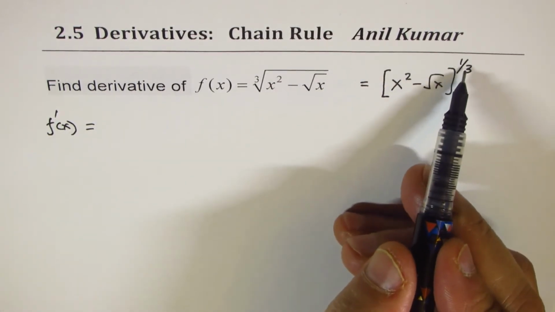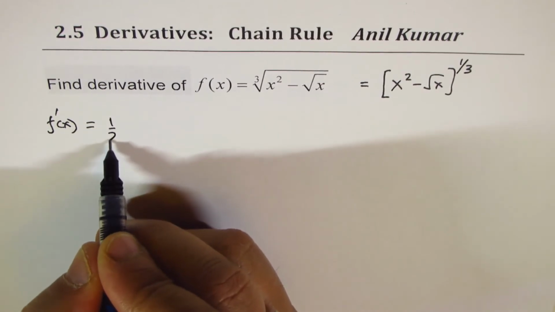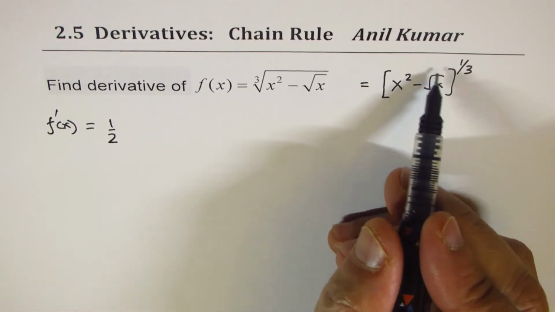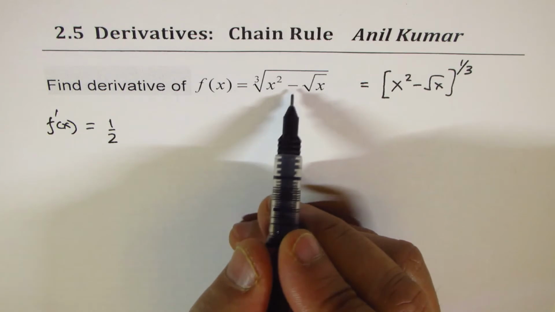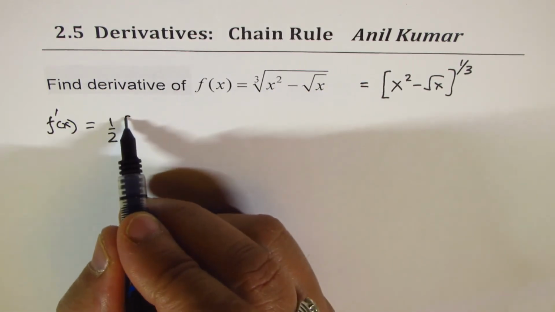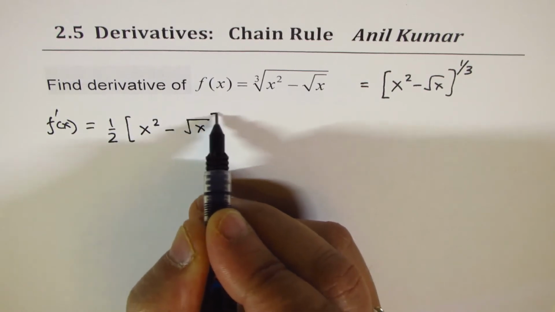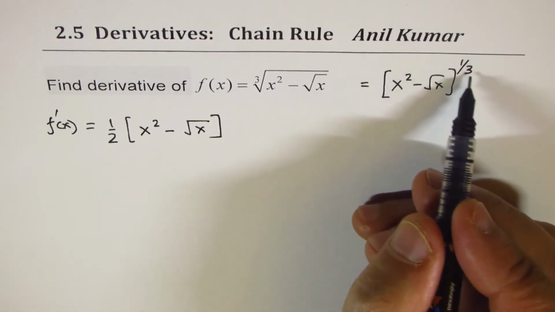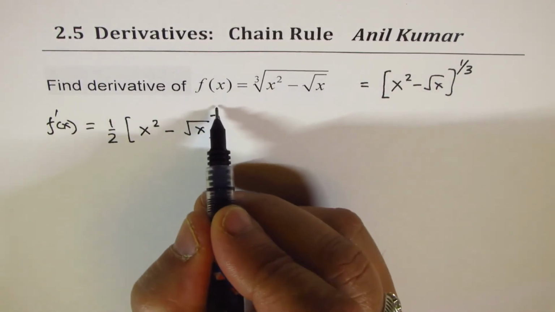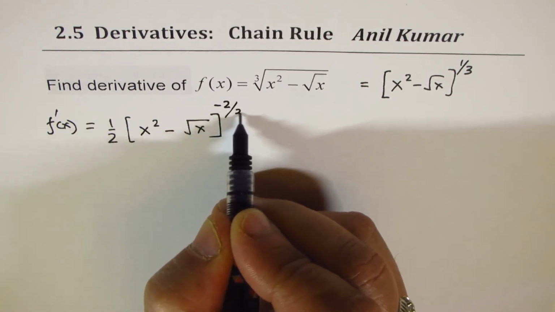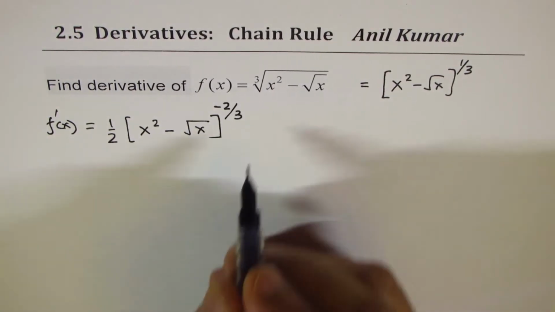So when you take the derivative, it becomes 1 over 3 times all this inside part, which is x squared minus square root of x to the power of 1 over 3 minus 1, which is minus 2 over 3. Does it make sense to you?